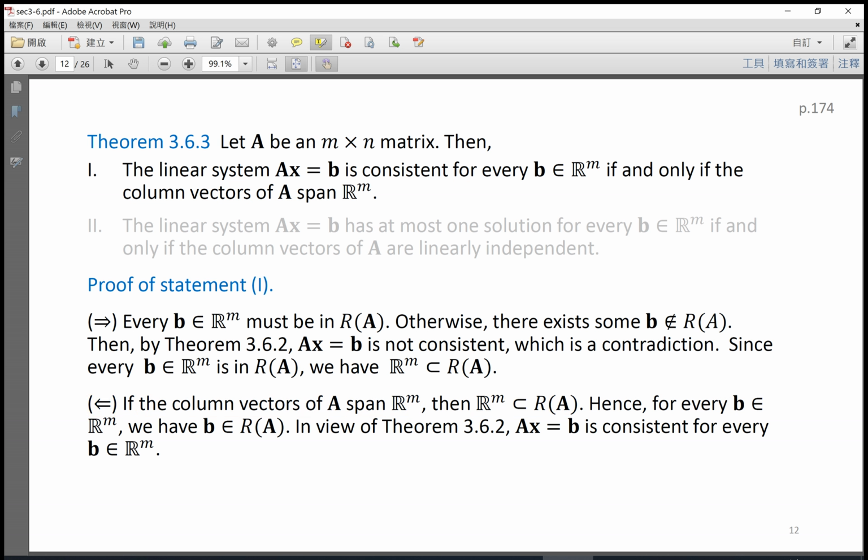Without the condition that Rm is a subset of the range of A, we cannot say every b in Rm is also in the range space of A, and so we cannot say the linear equation is consistent for every b in Rm.